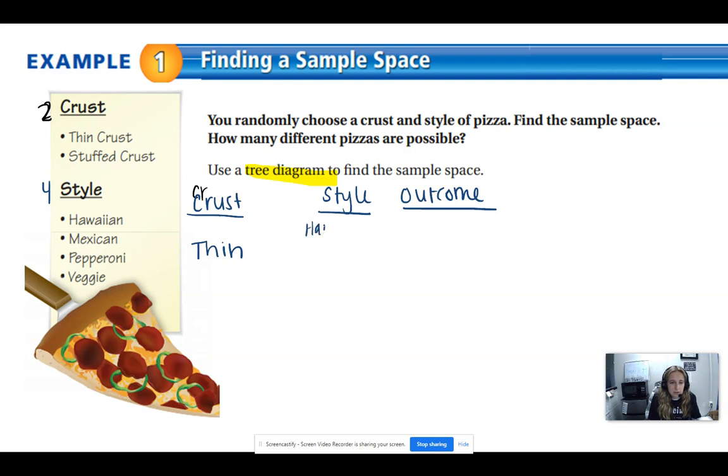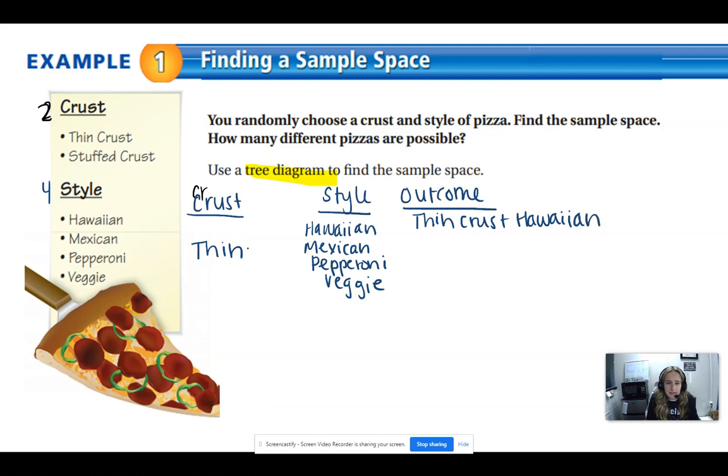You could have it as Hawaiian, Mexican, pepperoni, or veggie. Now the outcomes. So what that means is you could have a thin crust Hawaiian.